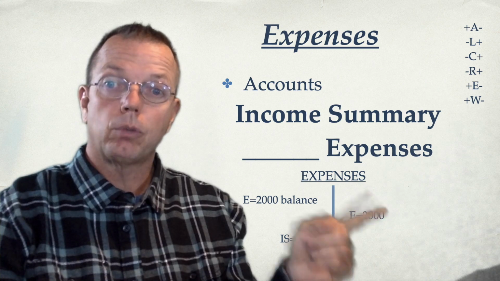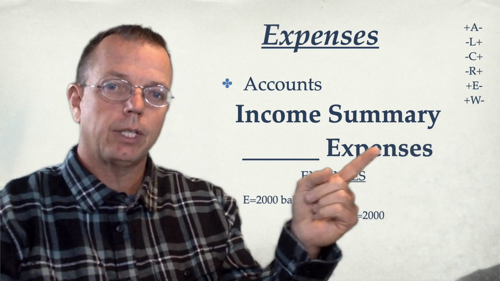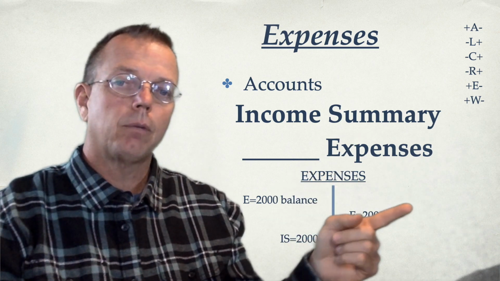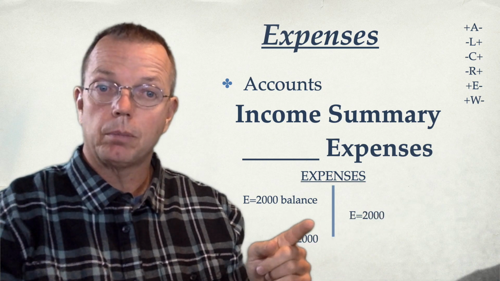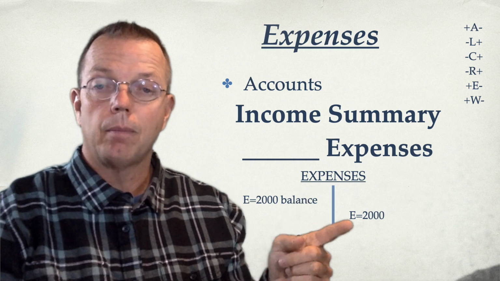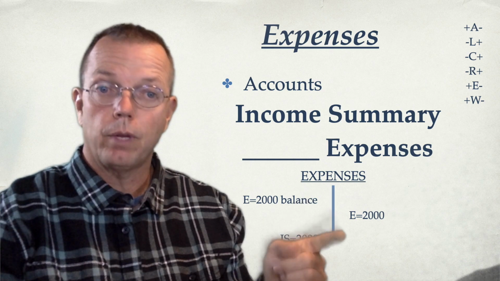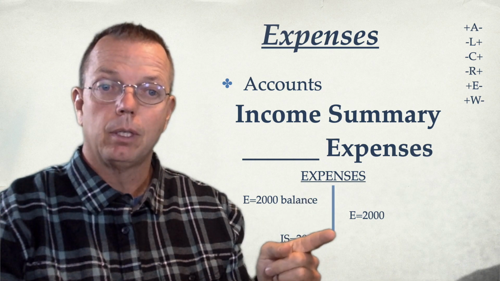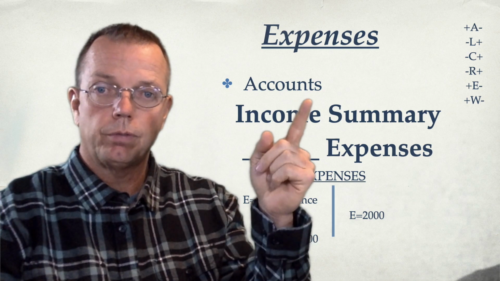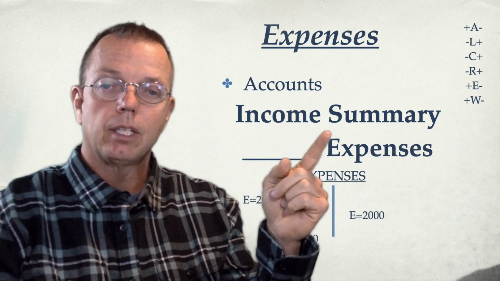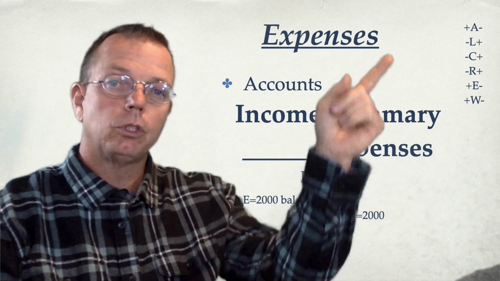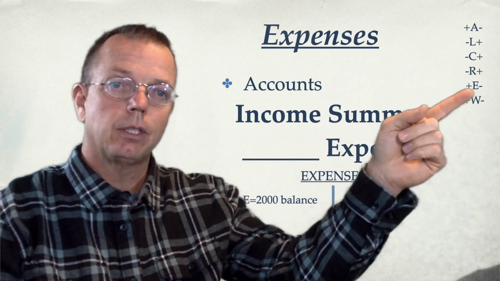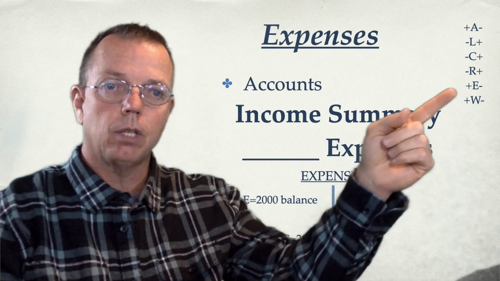That would be a credit, so that's why it gets recorded second here. But in order to make that recording balance, we need to use our income summary account and make a recording of $2,000. Therefore, income summary is a debit because it's on the left-hand side, so it goes first, and then our expenses go second. It's helpful to use the LCRU chart over here as a quick reference so you don't get lost.